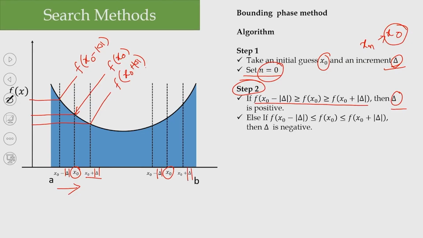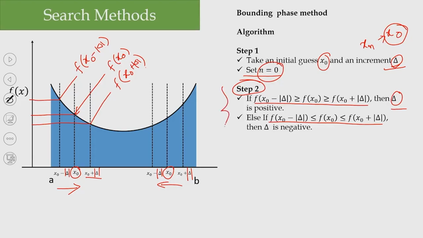If this condition is true, that means f of x naught minus absolute value of delta is less than f of x naught, and f of x naught is less than f of x naught plus absolute value of delta. In that case, delta should be negative because I would like to go in this direction.